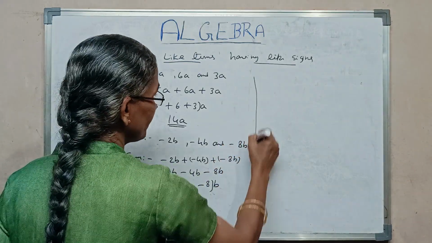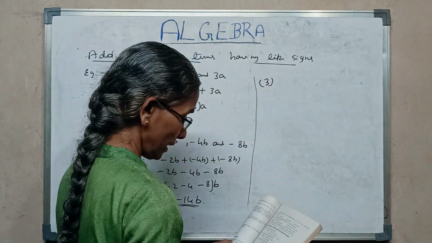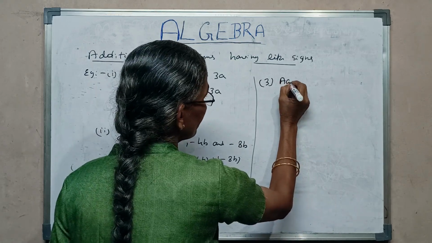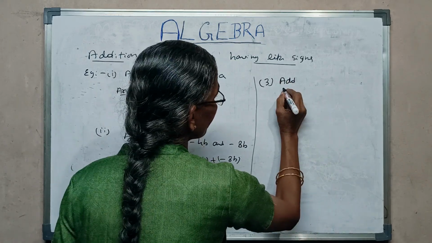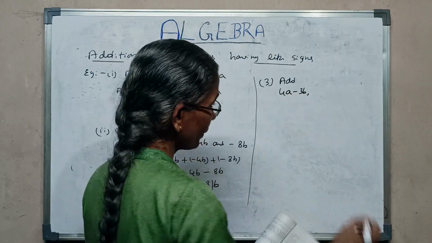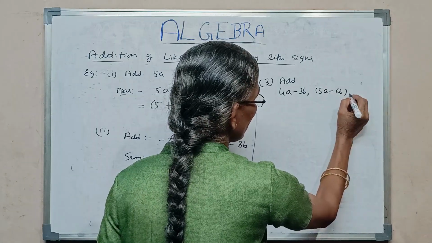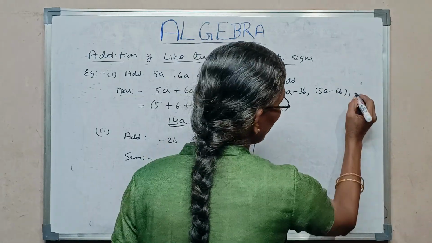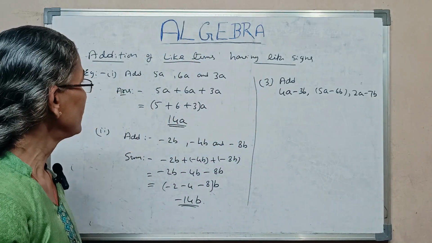And third example: add 4a minus 3b, 5a minus 6b and 2a minus 7b.